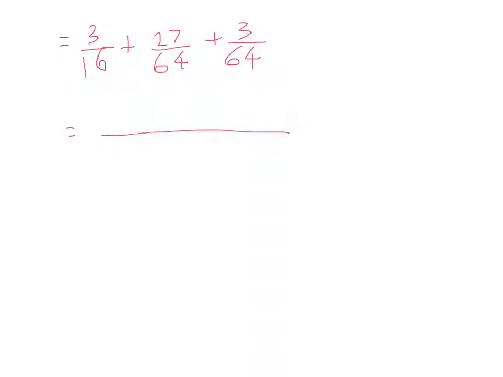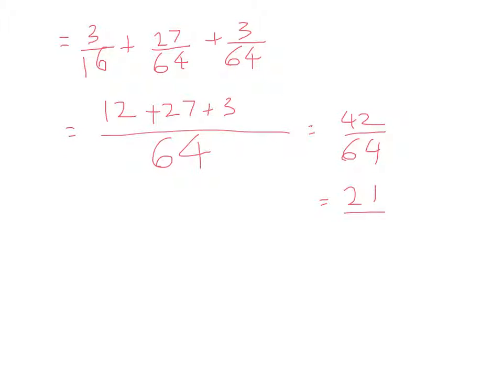So we want to get a common denominator, which will be 64. So we have 12 plus 27 plus 3, which is 42 over 64, which simplifies to give us 21 over 32, or 0.65625. I would prefer to leave that as a fraction, but either of those will be fine.